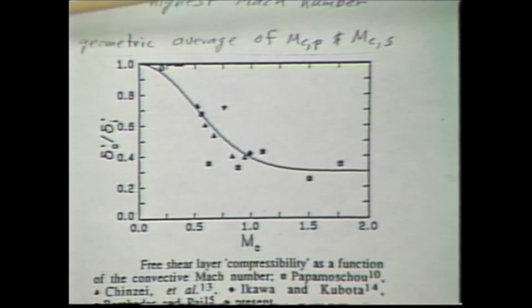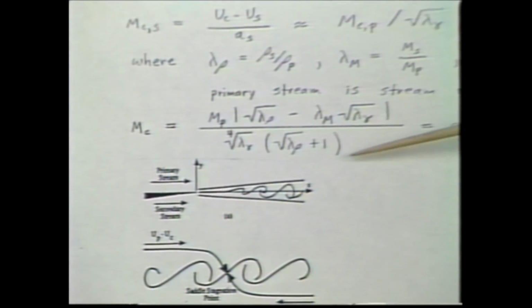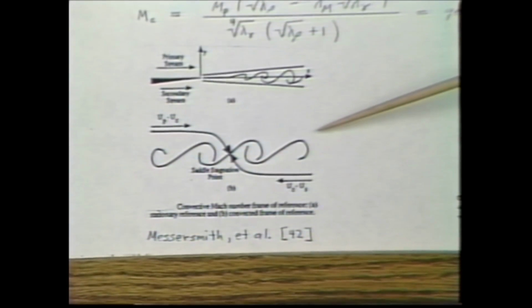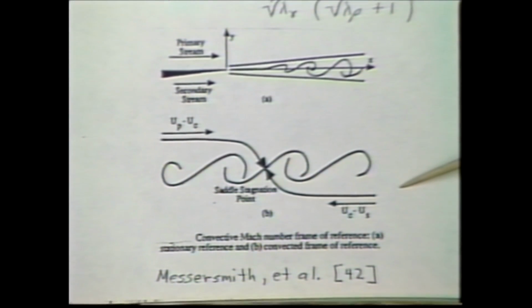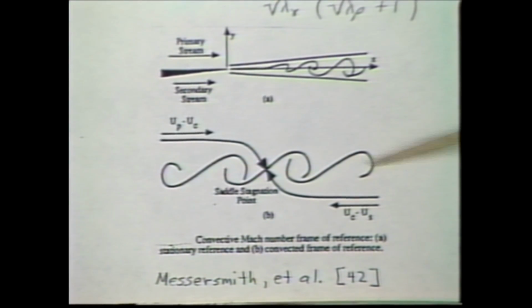The relationships that define convective Mach number are shown. You can dig into that deeper. Basically, though, convective Mach number is a Mach number of each one of the flows, the primary and secondary flows, relative to a convective velocity. Convective velocity is the velocity that large-scale structures like vortices are traveling along in the flow. And the way you determine that convective velocity is to ask at what velocity you have to be traveling such that the two flows stagnating into that point have the same total pressure.